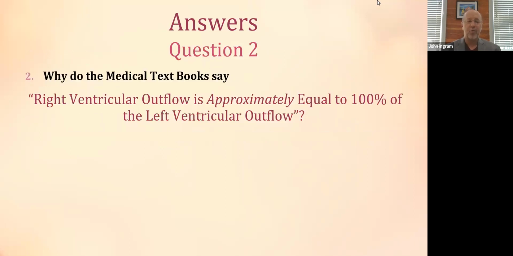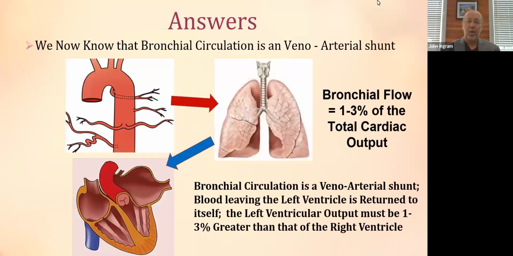How about question number 2? Why do the textbooks say right ventricular outflow is only approximately equal to the left ventricular outflow? Well, we go back to our bronchial circulation again. We know that it's a veno-arterial shunt. So what you have happening is arterialized blood from the descending aorta perfusing the lung tissue.